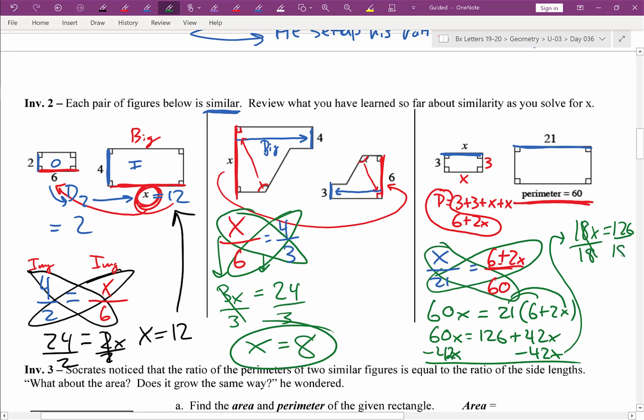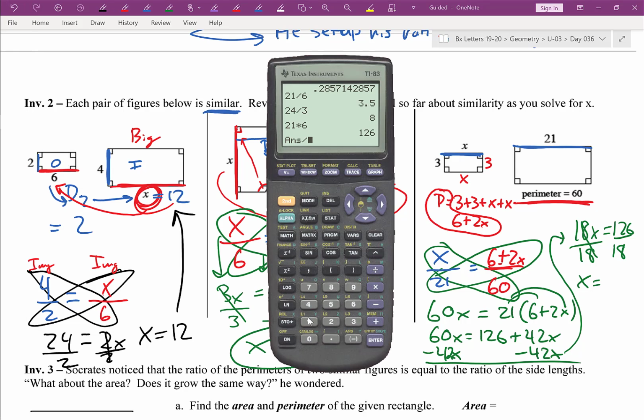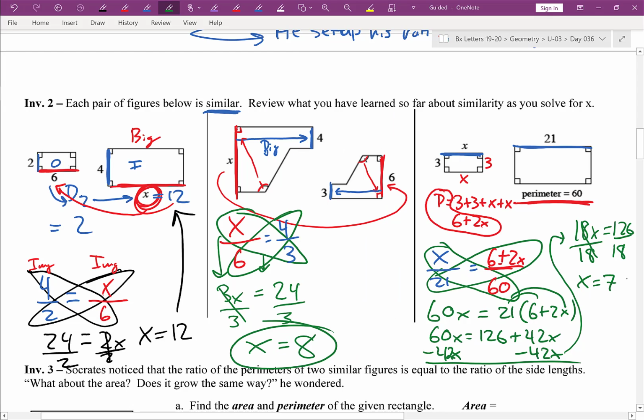Divide by 18, divide by 18. X is going to equal 7. I can tell you that this side was 7. That, in fact, the dilation that took place was 21 over 7, which is 3. This was a scale factor of 3.